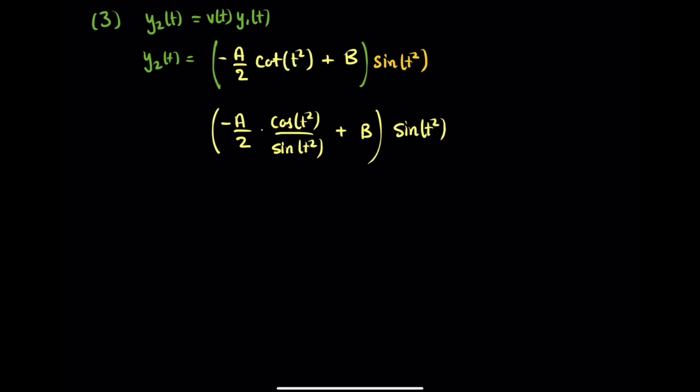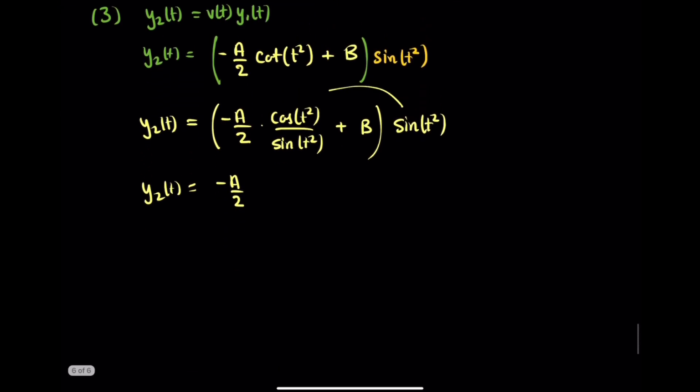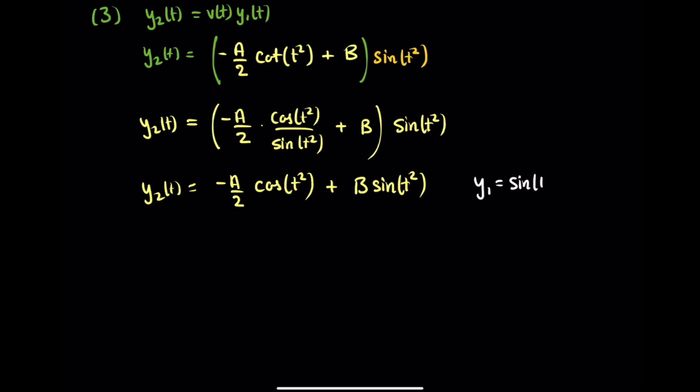So your y2(t) is equal to minus a over 2, and when we multiply the sine to this first term, the sine will cancel, and you'll just be left with cosine t squared and then b sine t squared, and that is your y2. Remember that y1 was just sine t squared.